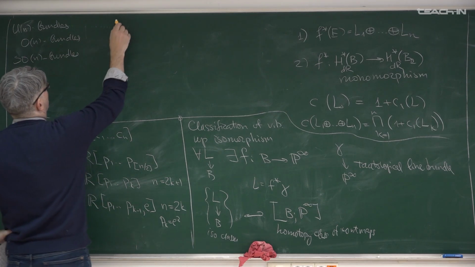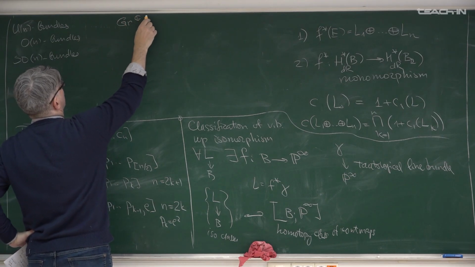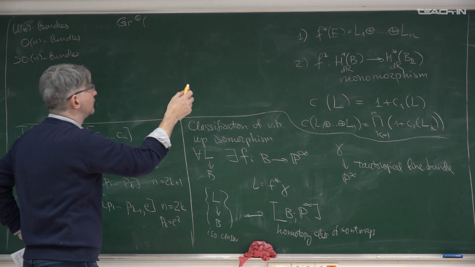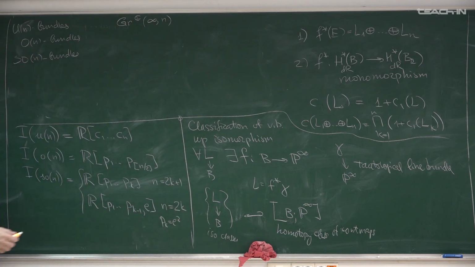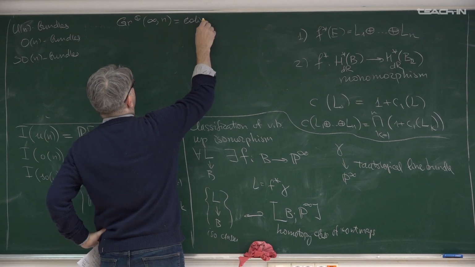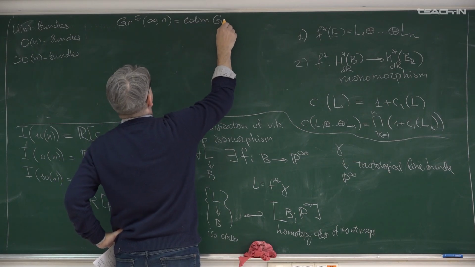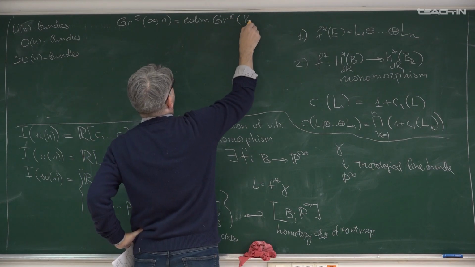In this case we have the complex Grassmannian, which I denote by Grassmannian over complex numbers, and now I write 2 indices. One index is infinity and another one is n. So what does it mean? It is the Grassmannian of n-dimensional planes in infinite-dimensional vector space. But people usually write it in this form: the direct limit of complex Grassmannians of C^k.